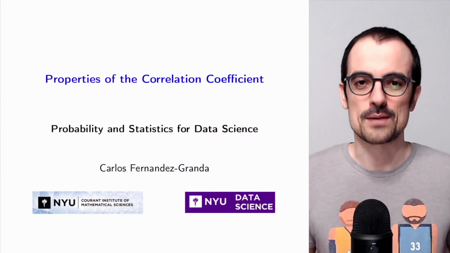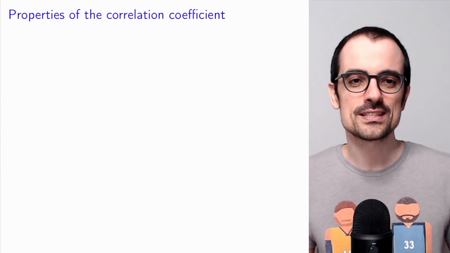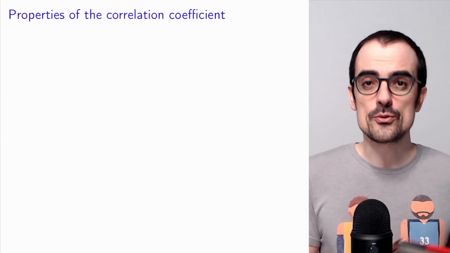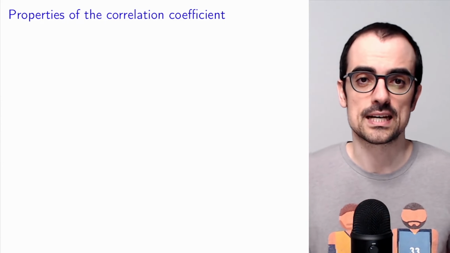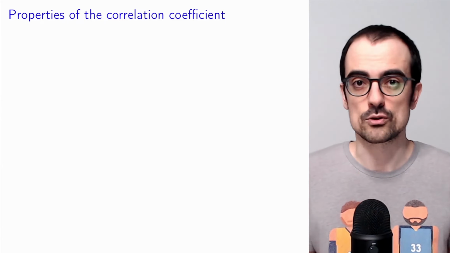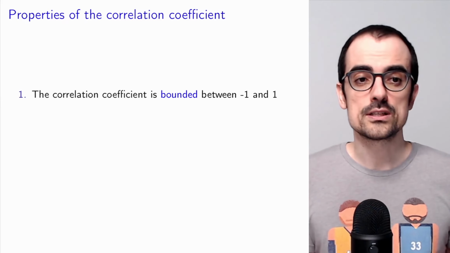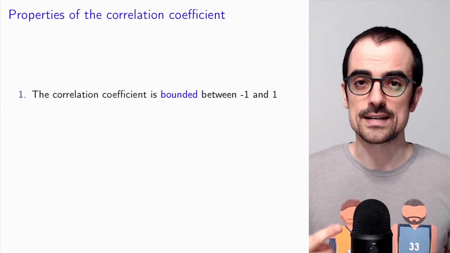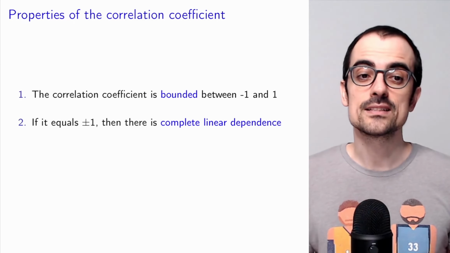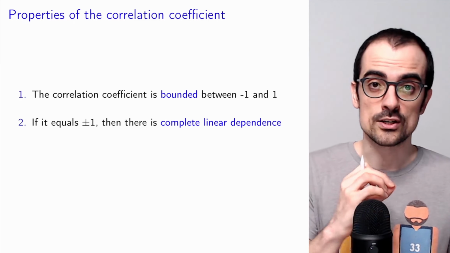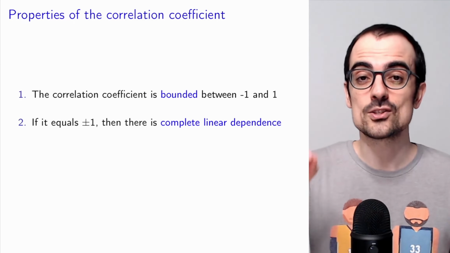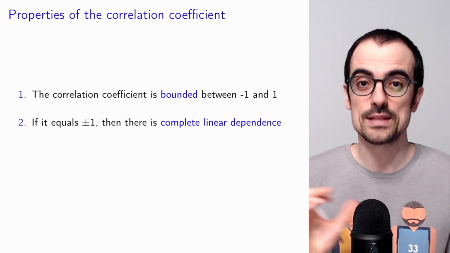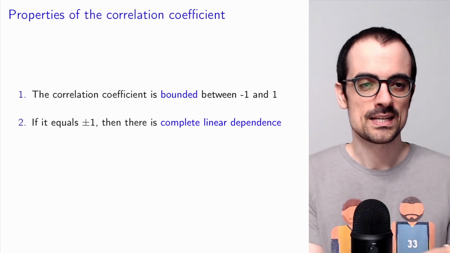So we're going to talk about properties of the correlation coefficient, and in particular there are three very important properties that we're going to describe. First, the correlation coefficient is bounded between -1 and 1. Second, if it equals -1 or 1, it implies complete linear dependence between the two quantities of interest.